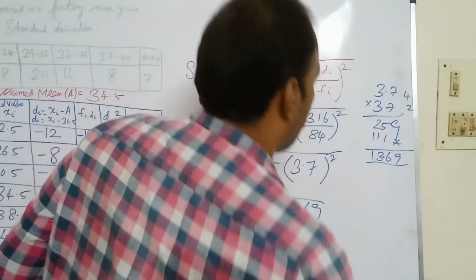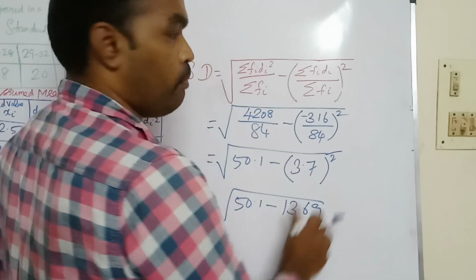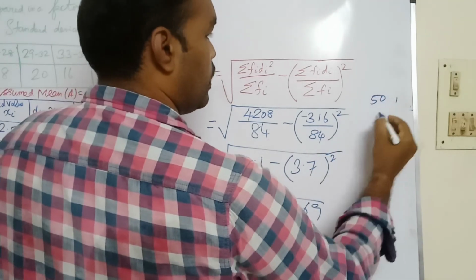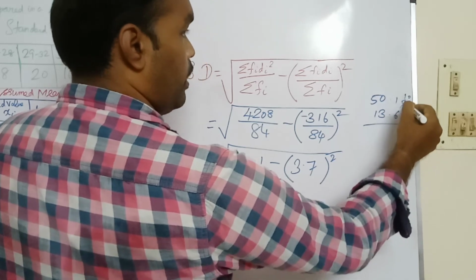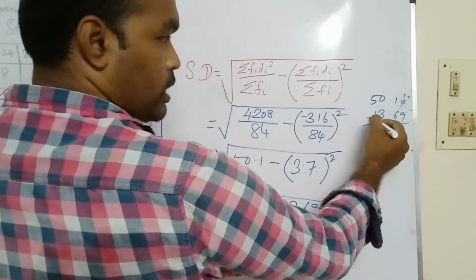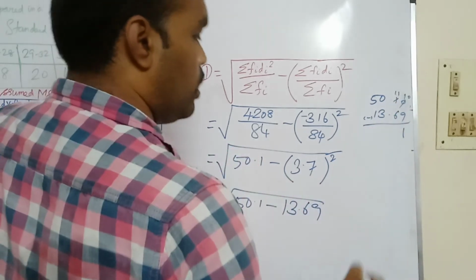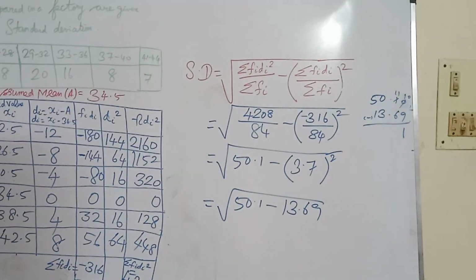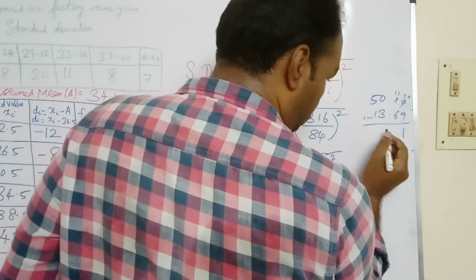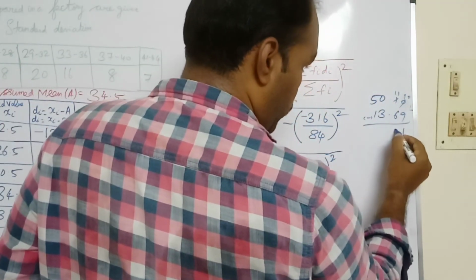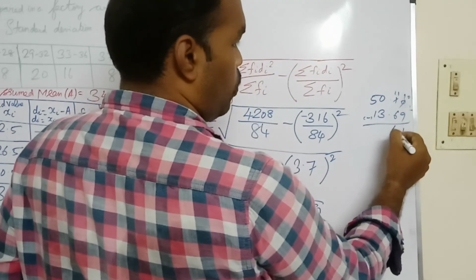So now 50.1 minus 13.69. 10. 0. If we cut means 10. 10 minus 9, 1. 11. So now what will the value be? 11 minus 6, 5. 4.